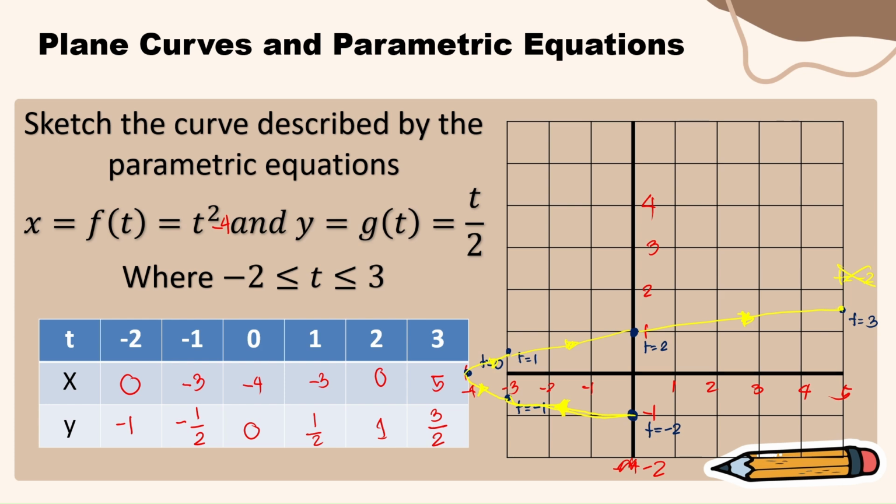But if we are going to test this using the vertical line test, what we could see is that merong points na nag-touch ng dalawa dun sa vertical line natin. So since this is parametric equation and this is a graph of a plane curve, hindi kasi tayo pwedeng malimit lang nung function, anong definition ng function natin.